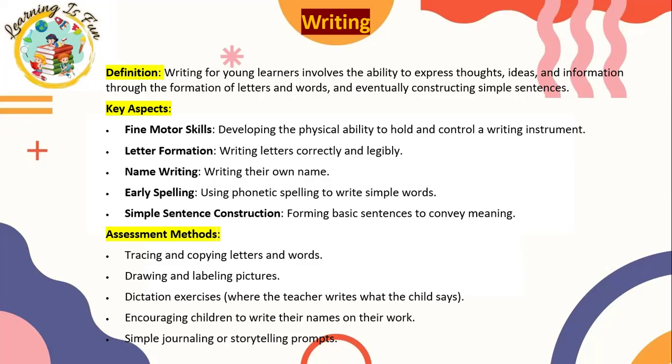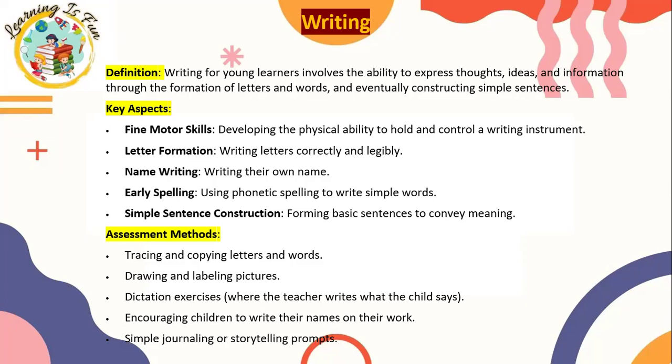Early spellings, simple word spellings they should know, and along with spelling they should know the sight and tricky words also. Then they can make simple sentences, forming basic sentences to convey good meaning. Their sentences should convey a good meaning to you in written form.